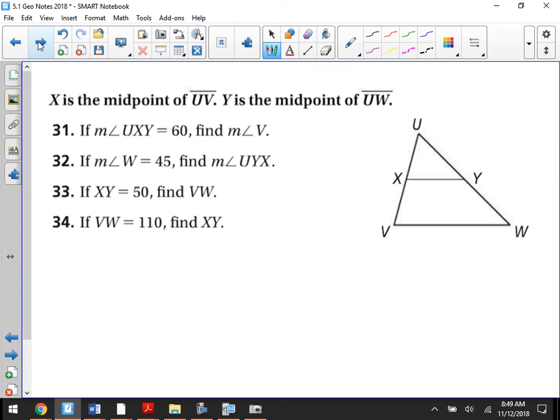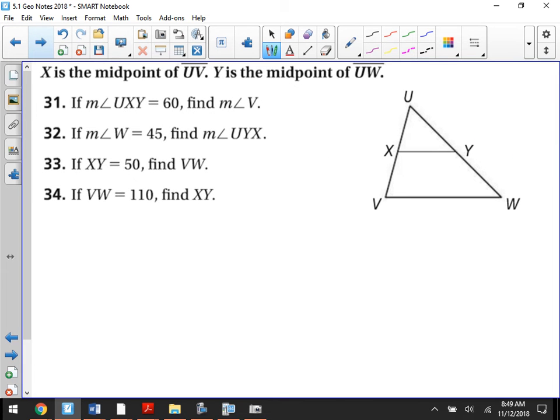Yeah, we'll do this. So if X is the midpoint here and Y is the midpoint here, we're able to go through and find angles really easily.